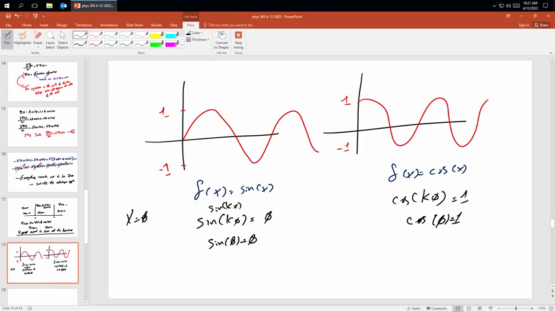That means cosine k of x, which is cosine k0, which is equal to 1. Make sense?